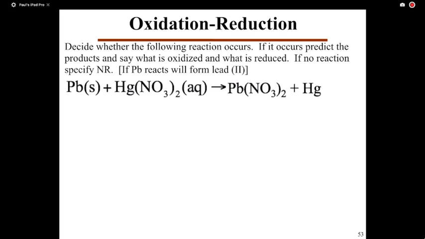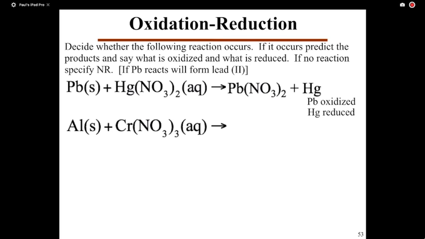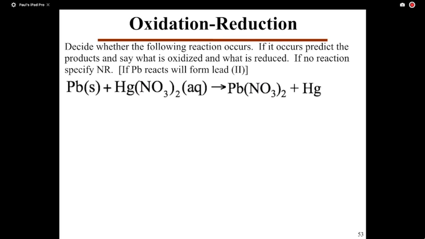Will lead and mercury 2 nitrate actually react together to form this compound? Okay, in this case, I would have to go back and look at the chart, and I don't have the chart easily accessible. Actually, let's see, where's the chart?